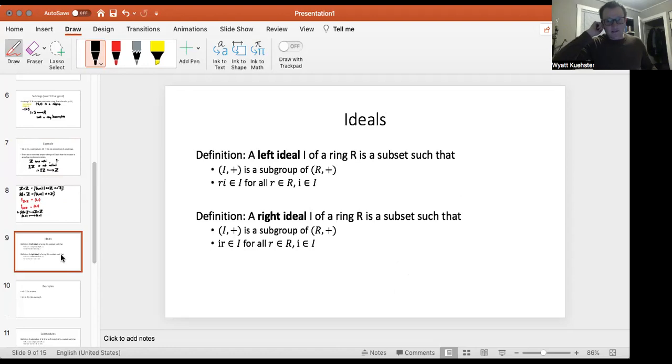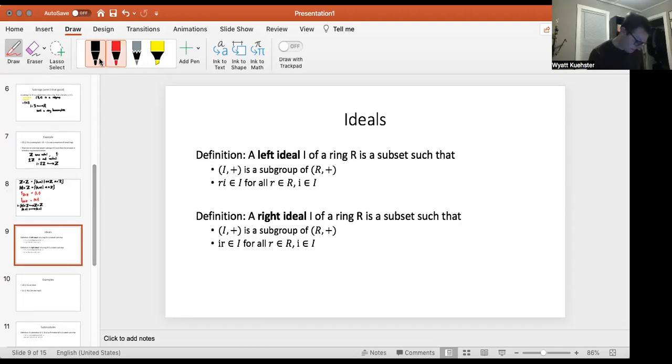So we'll define something else called ideals, which is very similar to the normal subgroups for groups. And if our ring is not commutative, then we have to deal with this business of whether it's a left ideal or right ideal. I'll usually stick to left ideals. So a left ideal is an additive subgroup. I'm going to keep the first condition that it's an additive subgroup of the ring. But then I'm going to do this thing that's kind of like the normal subgroup condition, but not really.